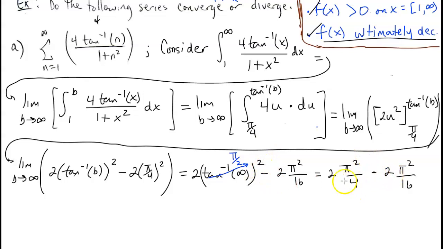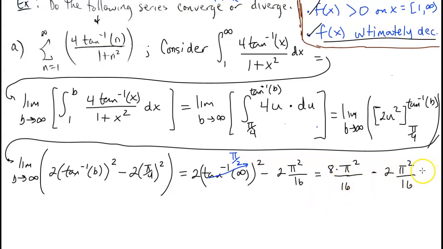And here, since we have a denominator of 4 and a denominator of 16, we could make these like denominators. If I wanted to make this first term have a denominator of 16, I would have to multiply by 4 here. So this would be the same as saying 8 times pi squared over 16.